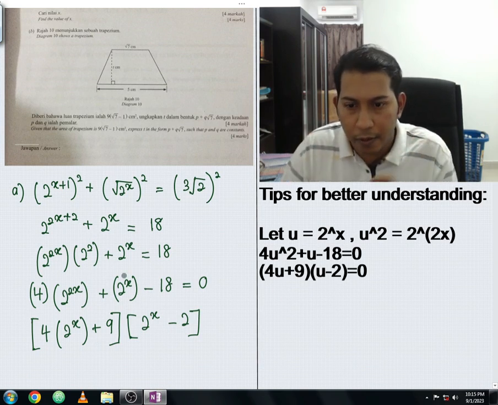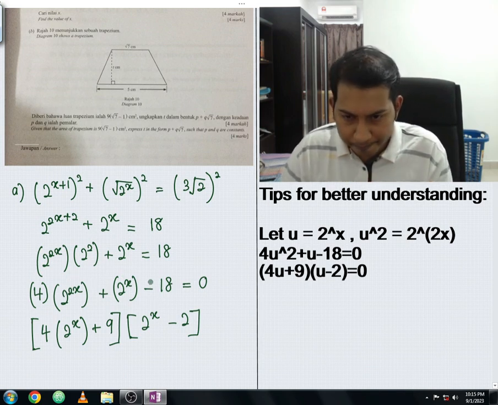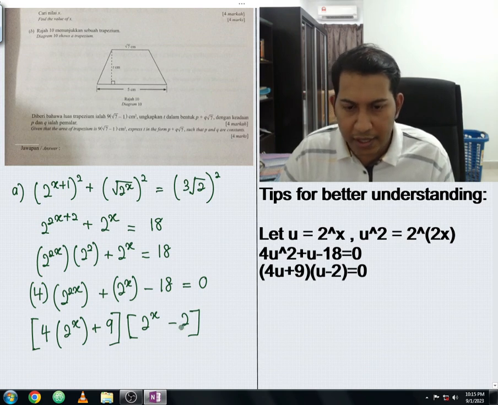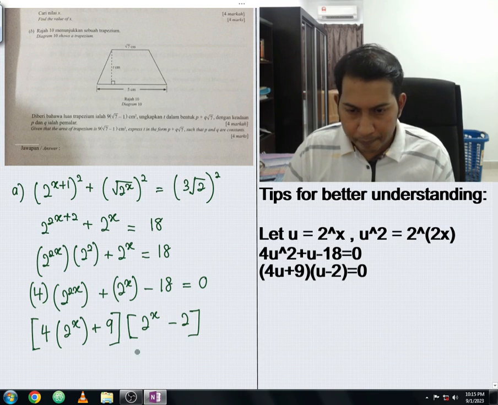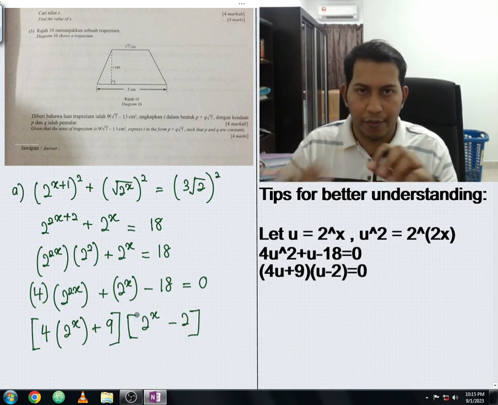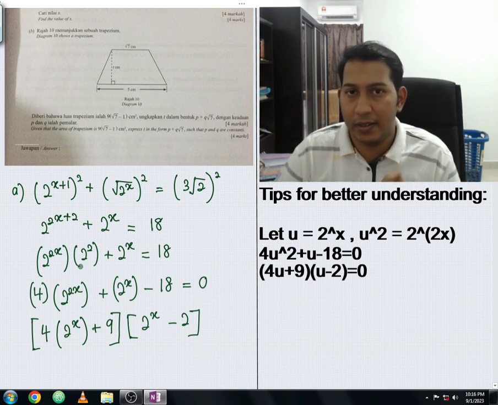I know it's a bit complicated, but please follow with me guys. And then 9 times negative 2, you get negative 18, and that's how you split into two factorizations. Literally we're treating this as a quadratic equation.